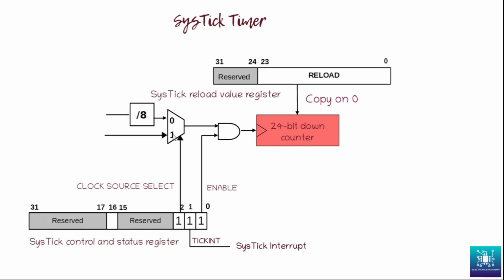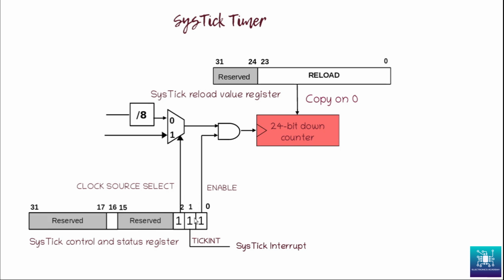Whether it goes through the divide by 8 or is directly connected to the processor clock is decided by this particular bit in the Systick control and status register, which is the clock source select. If you put it as 1, then the clock input is taken from the processor clock.